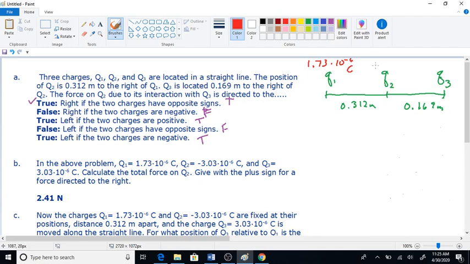This one is 3.03 times 10 to the minus 6, and this one is 3.03 times 10 to the minus 6, all coulombs, so we're good there. Now, we need the signs on these. This is a positive, this is a positive, and this is a negative. That's very important for our direction.